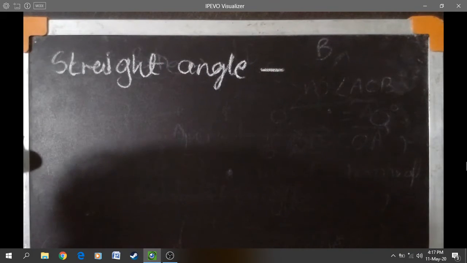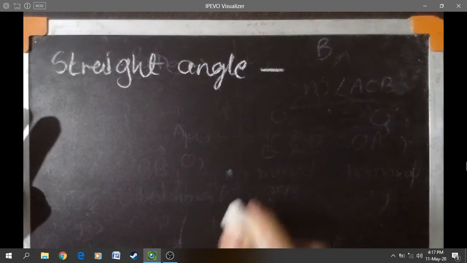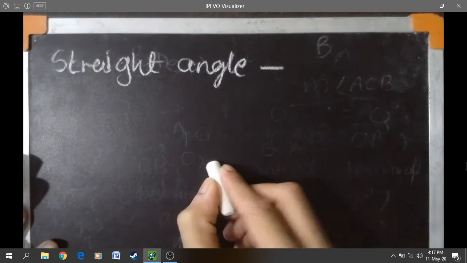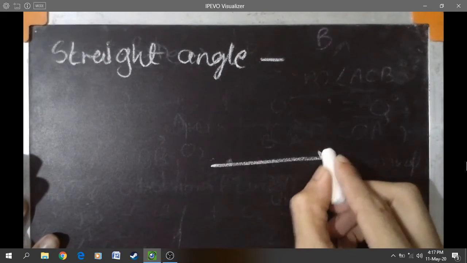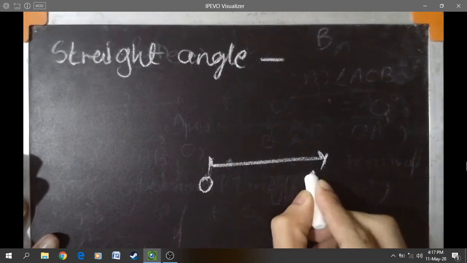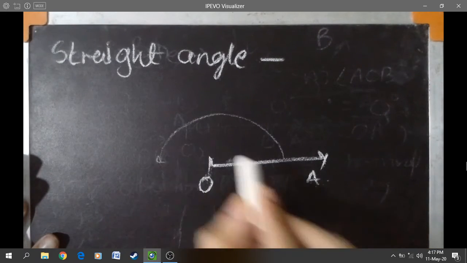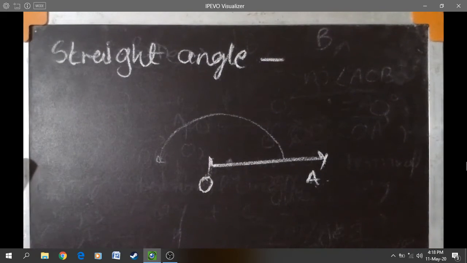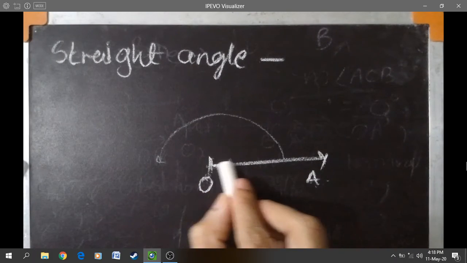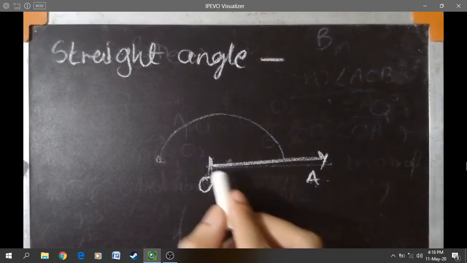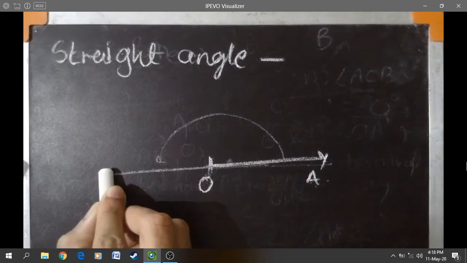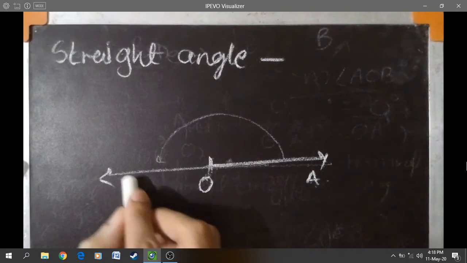As always, we have initial ray OA, and we are going to rotate it. But after the rotation, what happens? The terminal ray is in the opposite direction. If ray OA is in this direction, the opposite direction will be this.